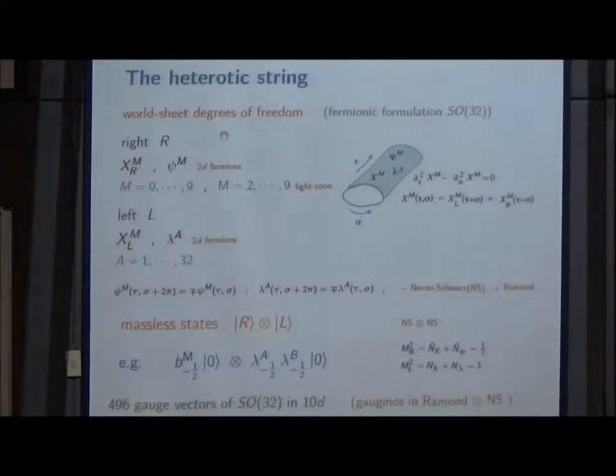But there is another formulation in which, instead of having the 16 bosons, you have 32 fermions. There is a property in 2 dimensions called bosonization. It means that instead of using fermions, you can use bosons.